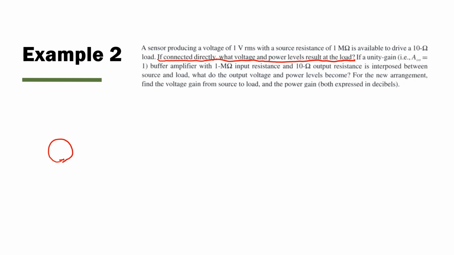So we have a sensor, and it's producing 1 volt RMS, that just means root mean square value, essentially the average value. And it has a source resistance of 1 mega ohm, and it's available to drive a 10 ohm load, and we're connecting it directly, which means there's no amplification yet.